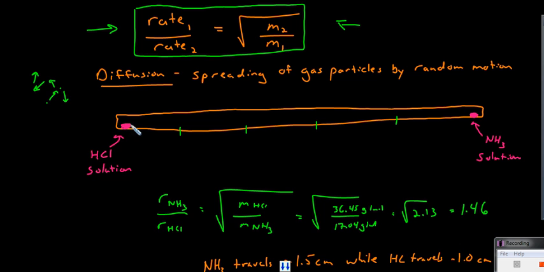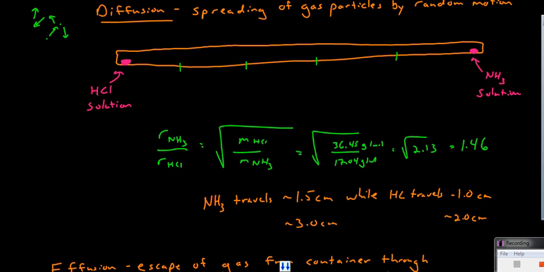However, occasionally you're going to have a vaporization of hydrochloric acid and also of ammonia. Where will these hydrochloric acid and ammonia particles be meeting within this tube? Closer to the hydrochloric acid, or closer to the ammonia, or right about in between?